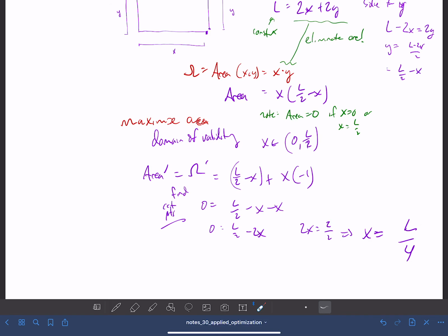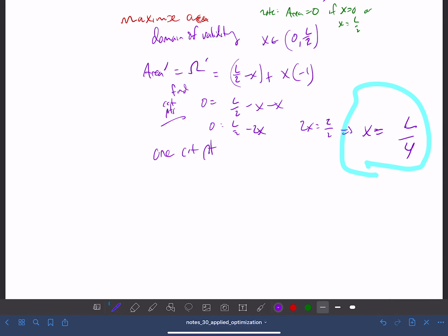Here comes the highlighter. I'm going to use a highlighter. Yeah, x equals L over 4. That is so cool. And we should note that there was one critical point, and that my area function is negative outside, so I've got my function, and 0 to L over 2, this is where x lives.